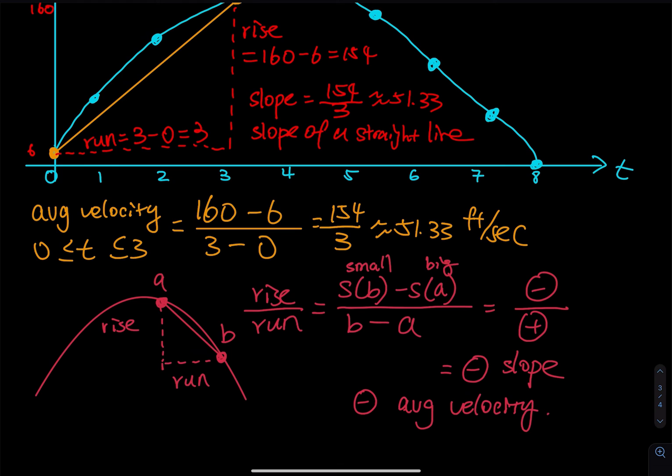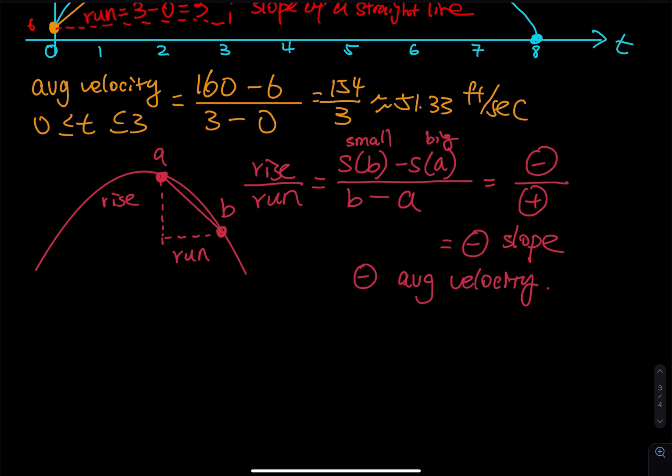So back to the beginning of this video, do you still remember the question? I asked what was your instantaneous velocity at the moment you crossed the finish line? At the moment you cross the finish line, we can use this graph one more time. What was the slope at this point?